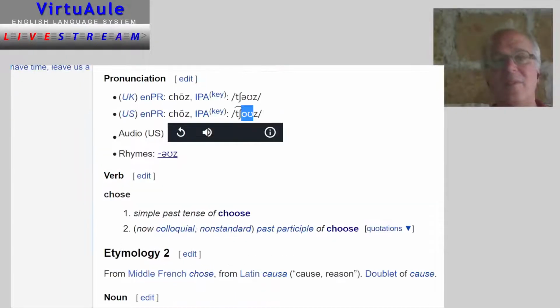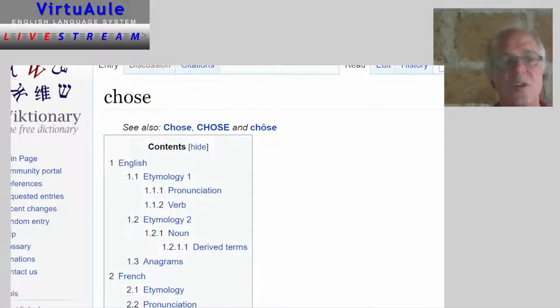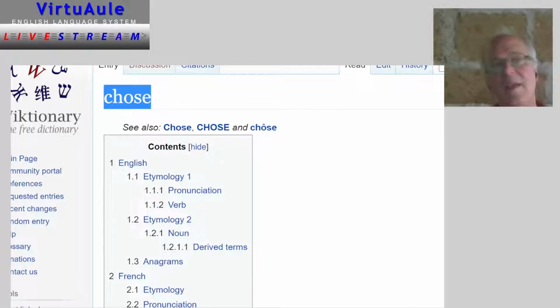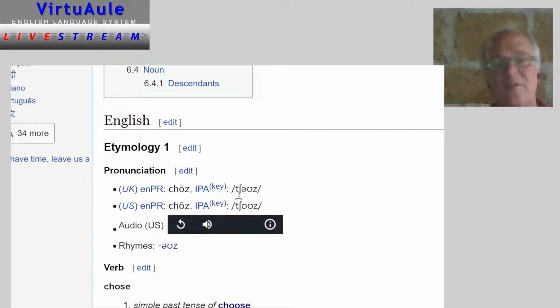The past tense is chose. I looked at that first. I actually should have looked at choose first, but this is the past tense of choose. So we have the word chose. And this word is a little shorter. It's still a diphthong.